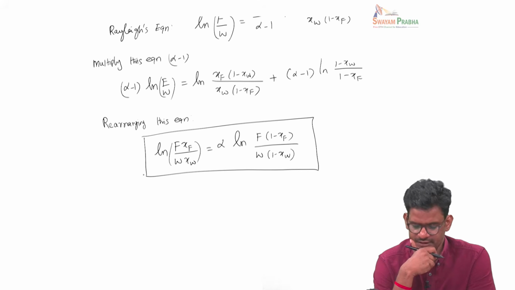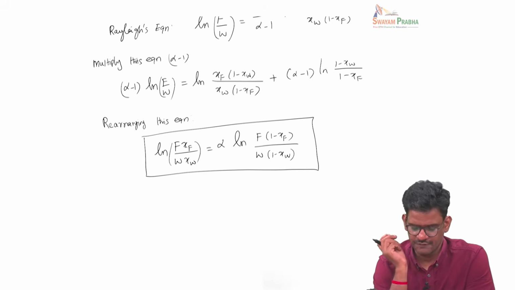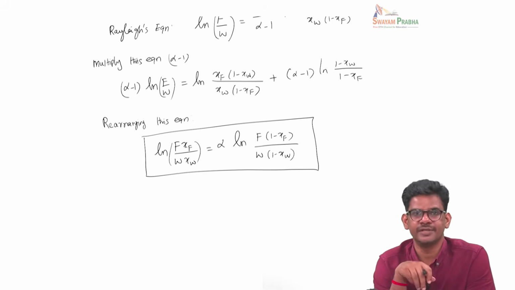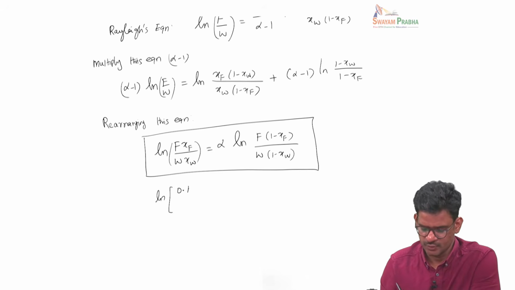And the reason why we wrote it this way is that we know this FXF and WXW in the problem, it is given. So, F times XF is 0.1 and W times XW is 0.01.